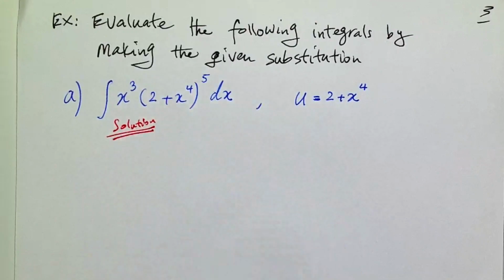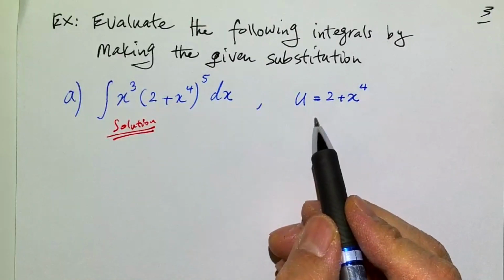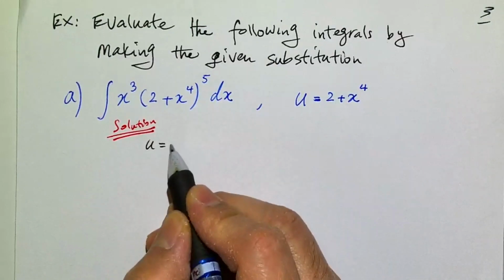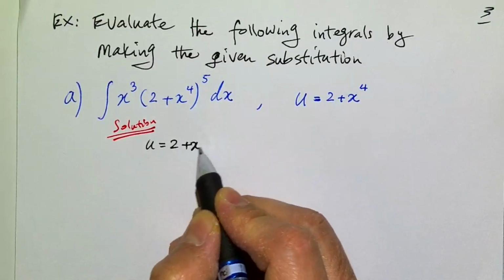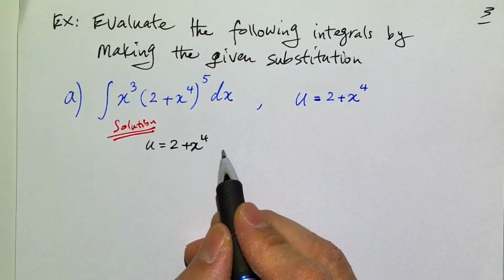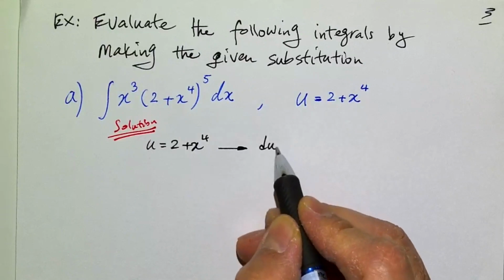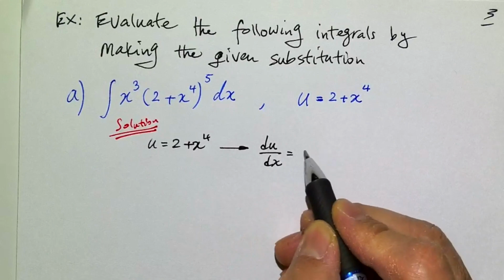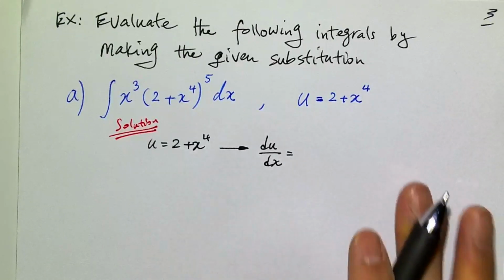All right, so if we take u as that, then immediately we'll have to calculate du, right? So we have u equal to 2 plus x to the 4 power, right? Then du/dx would be, derivative of 2 would be 0.